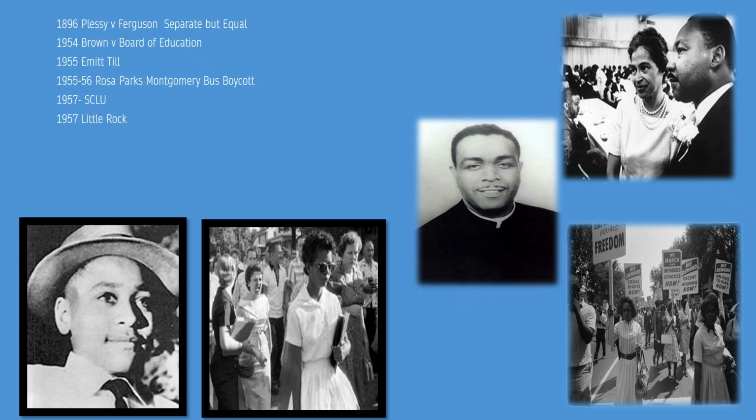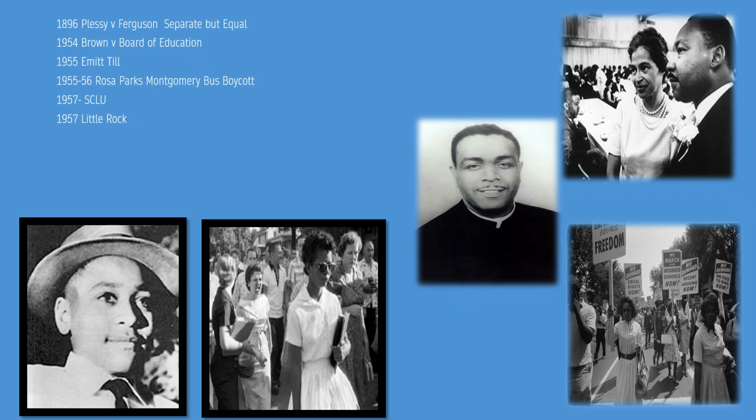So August 24th of 1955, he goes to a grocery store, a small store owned by a white couple, Roy and Caroline Bryant. And Caroline, the wife, claims that Emmett whistled at her. That accusation in the South put a black person's life in danger.